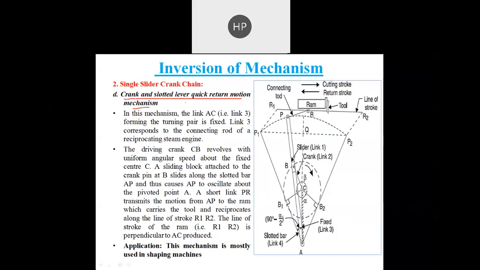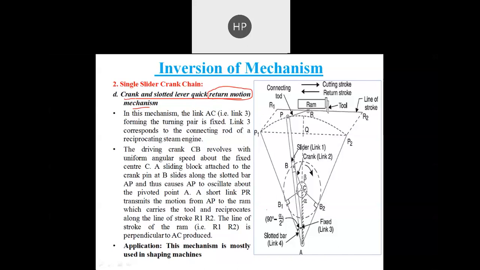We are also going to see how the shaper machine will reciprocate by using this crank and slotted lever quick return mechanism. As the name suggests, it is a quick return. The return time is quick as compared to its forward time. So it has a reciprocating motion.